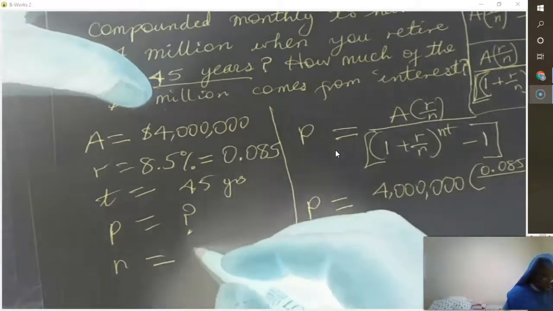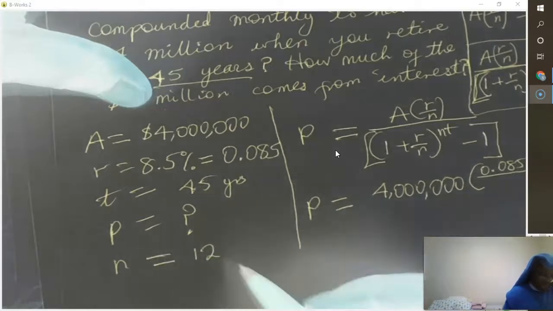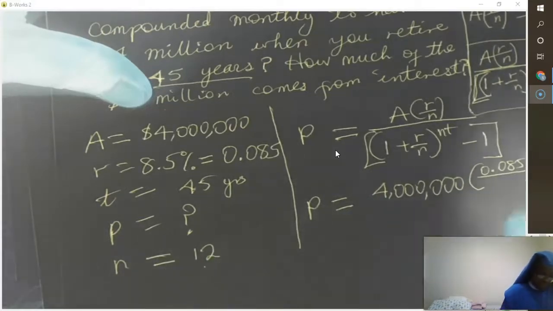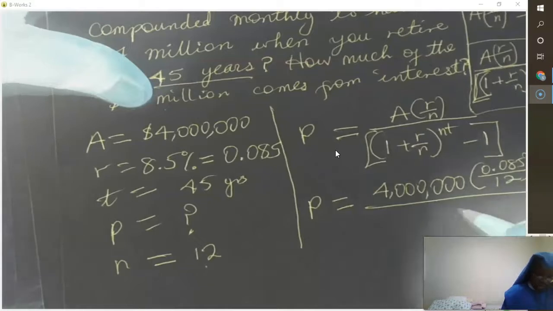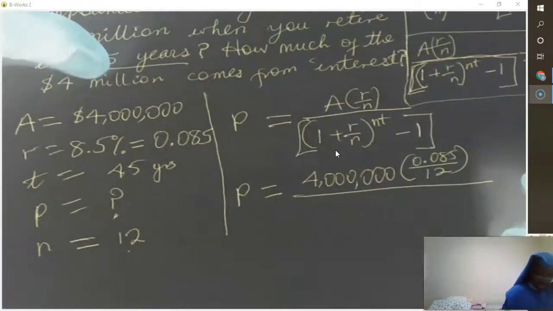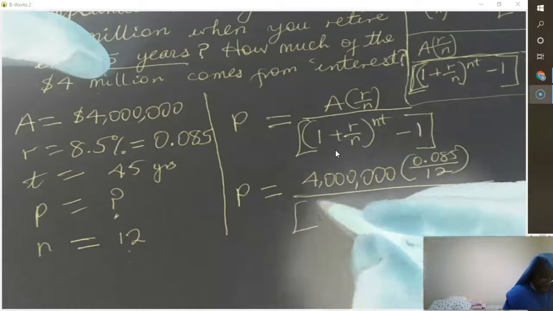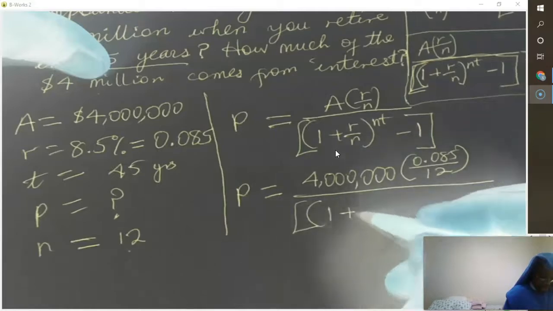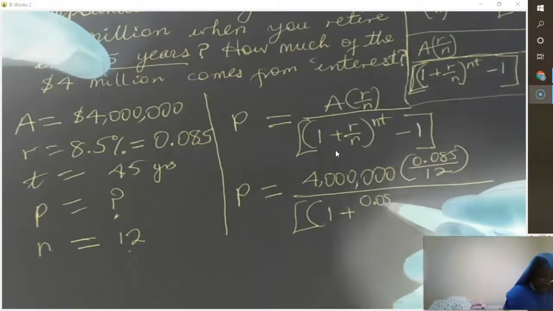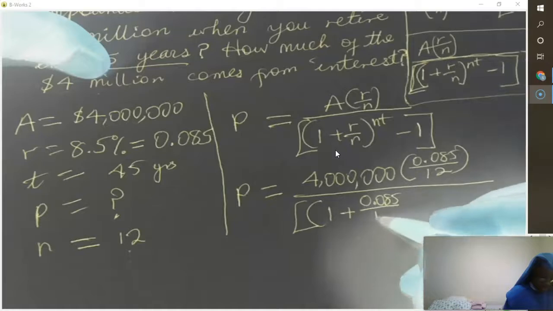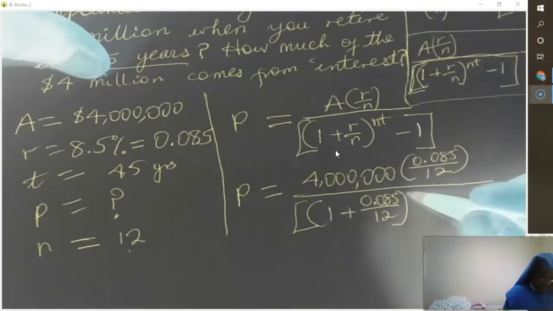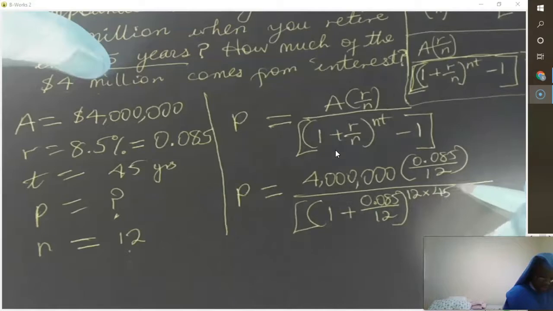There are 12, so it's compounded 12 times. So n is 12. So over 12, all over 1 plus, again, 0.085 over 12, to the power 12 times t, which is 45, and then minus 1.